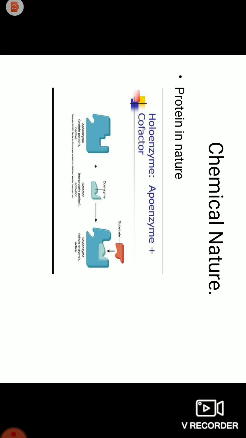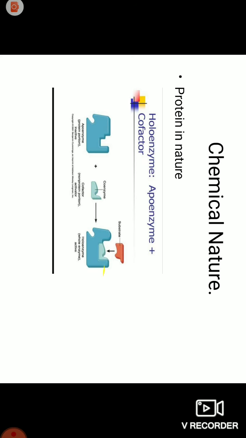So the protein part of the enzyme is called the apoenzyme, and the non-protein part of the enzyme is the cofactor. So these will combine together to form the complete holoenzyme, excluding the substrate, which is shown in the figure, that is the blue and slightly greenish part.